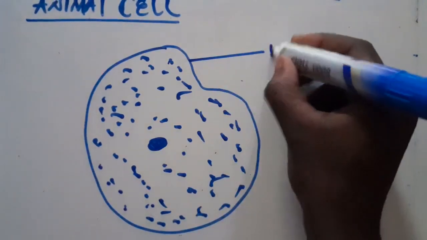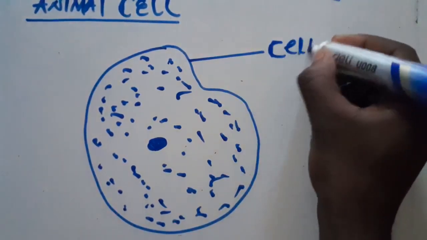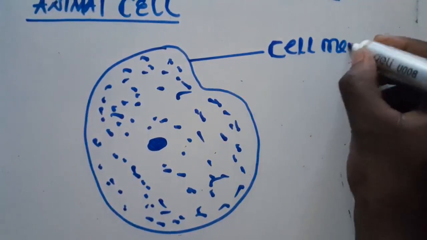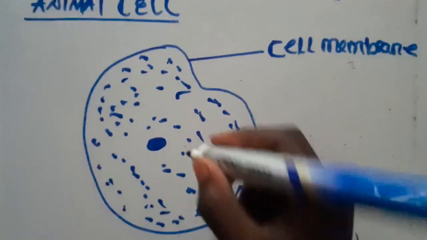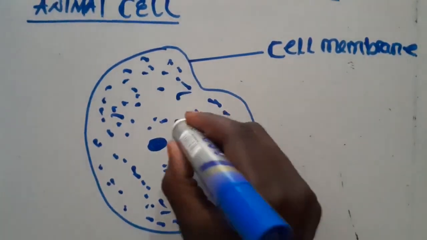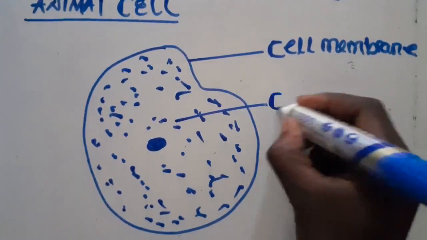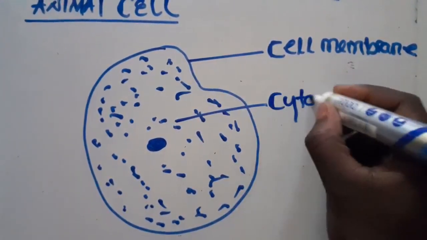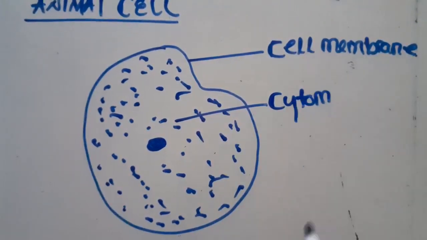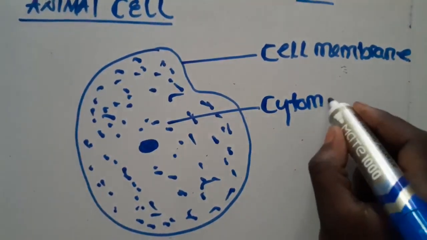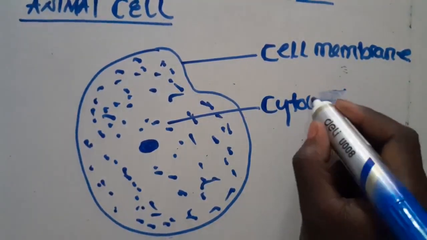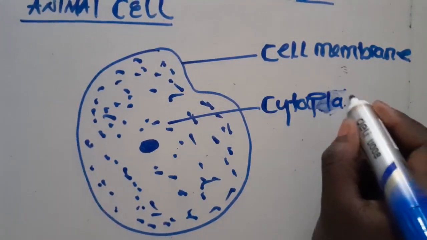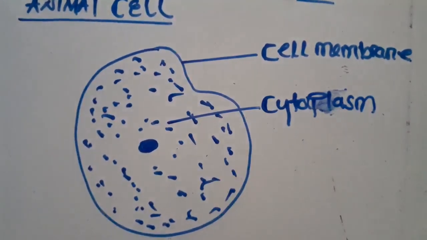The first one is called the cell membrane. This we discussed, and I know that all of us are acquainted with the cell membrane. This one is called the cytoplasm.